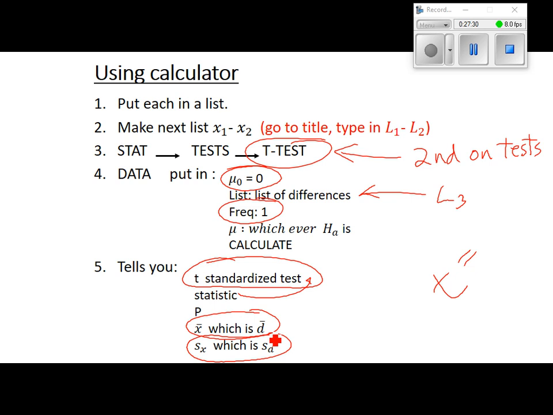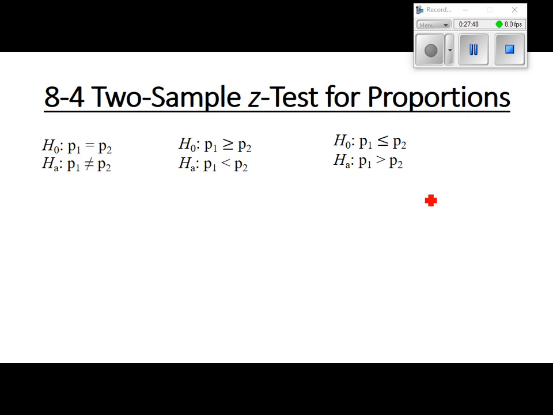And the P here, might put an X through that P because we don't want to deal with it. That's that P value that we started off last chapter at, and I said, let's not do that anymore. Let's just do it all one way.